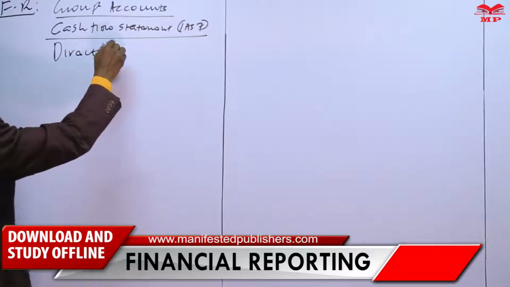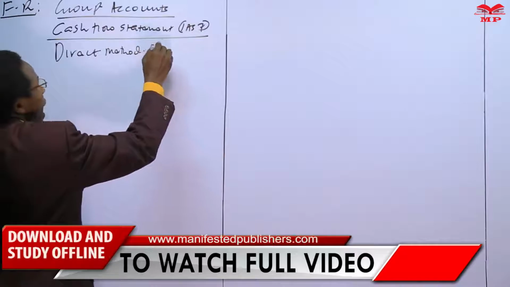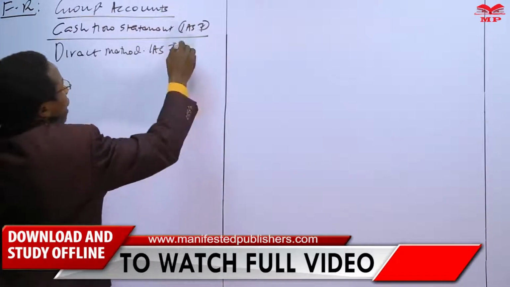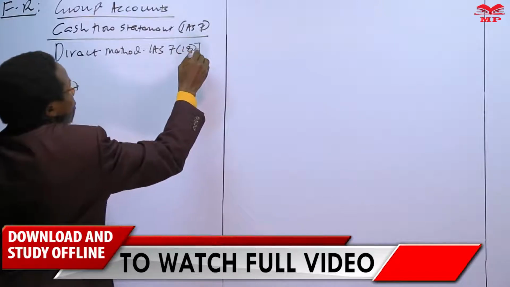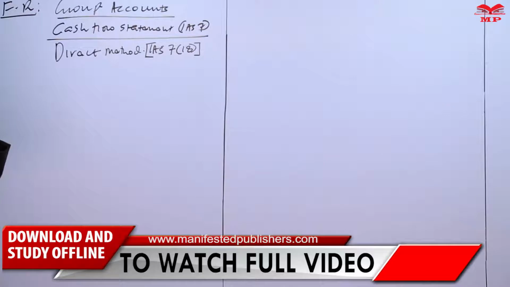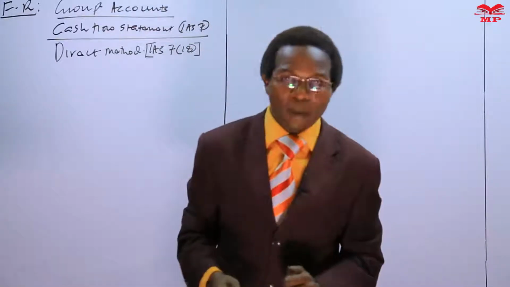Now, friends, we go directly and talk about the direct method of presentation. That is in respect of IAS 7, paragraph 18. You are able to confirm from paragraph 18 about the direct method. It also speaks about the indirect method, and in fact the standard gives the format, remember.